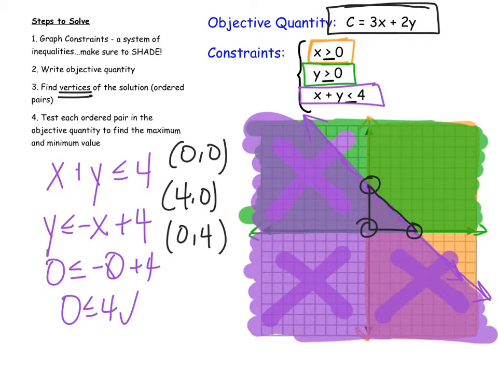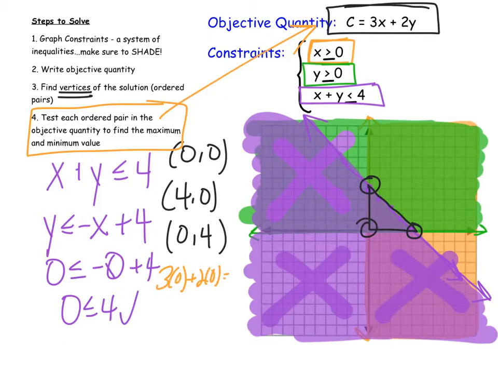And what I need to do is test each ordered pair in our objective quantity to find the maximum and minimum value. So I have 3 times 0 plus 2 times 0, which is 0. I have 3 times 4 plus 2 times 0, which is 12.